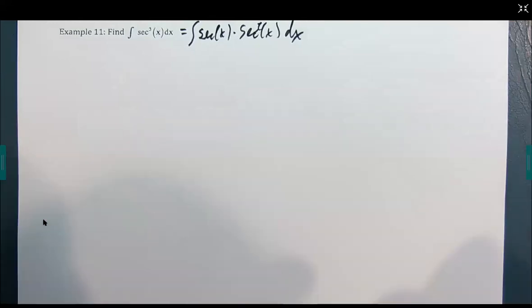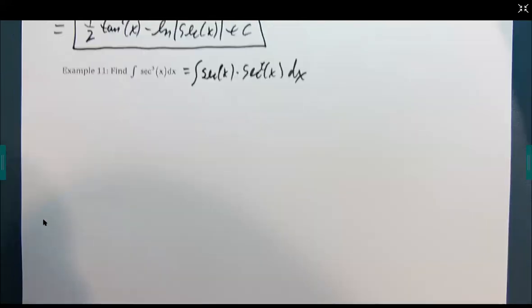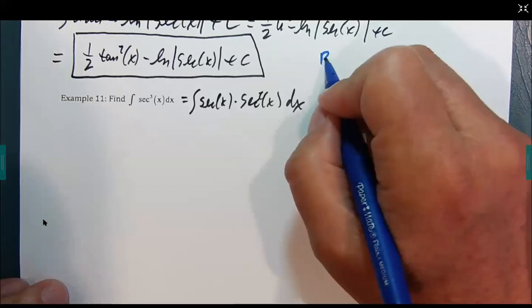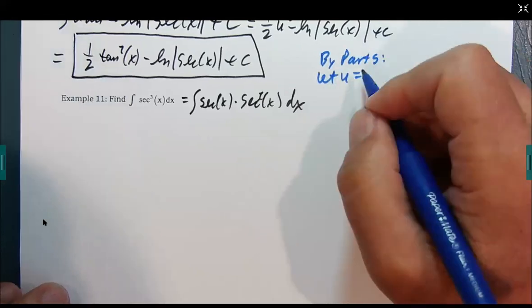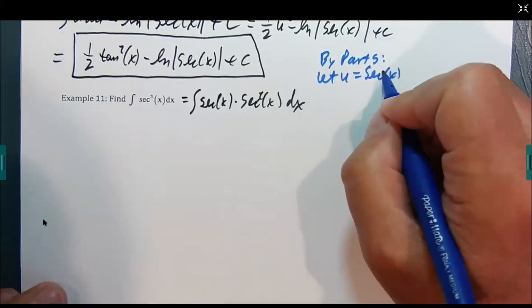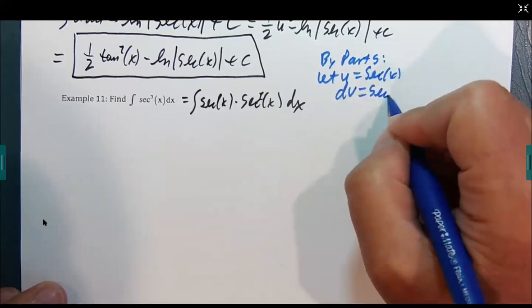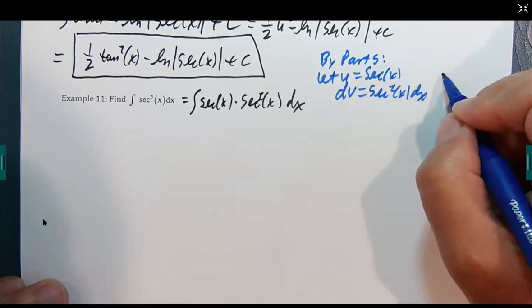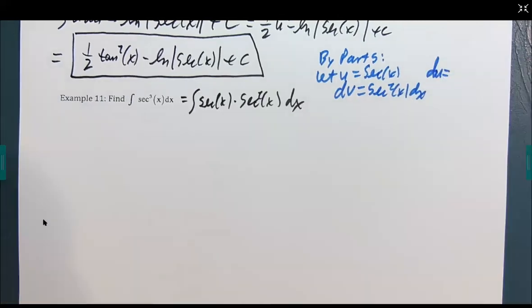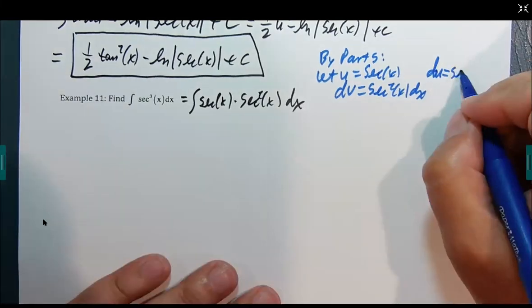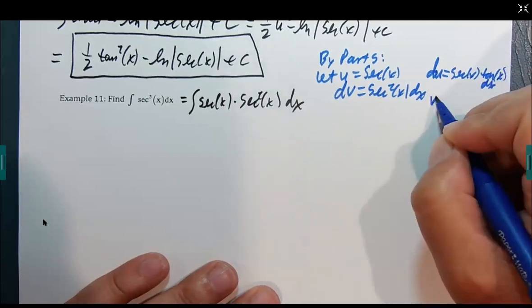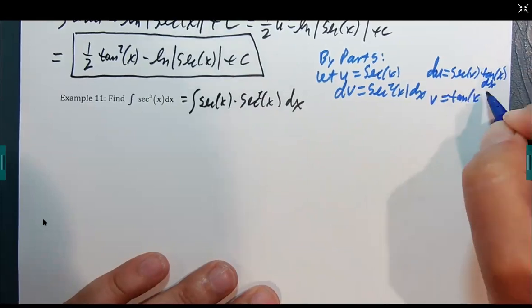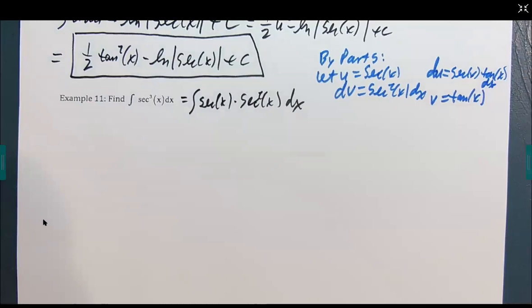So by parts, we're going to let u equal secant x, dv is secant squared x dx, means du is secant x tangent x dx, and then v is tangent x.